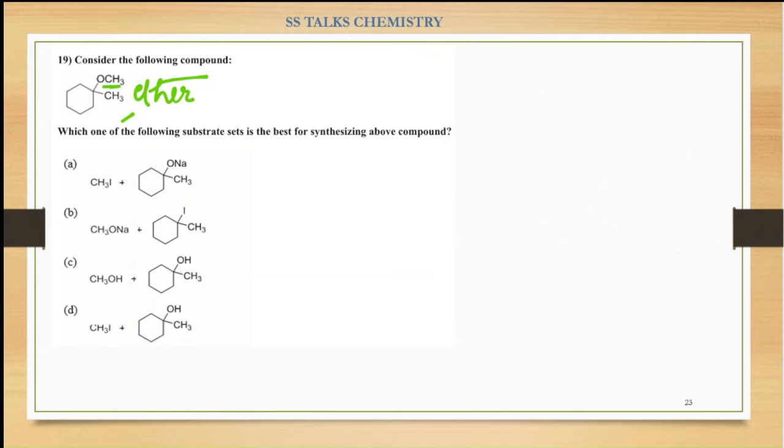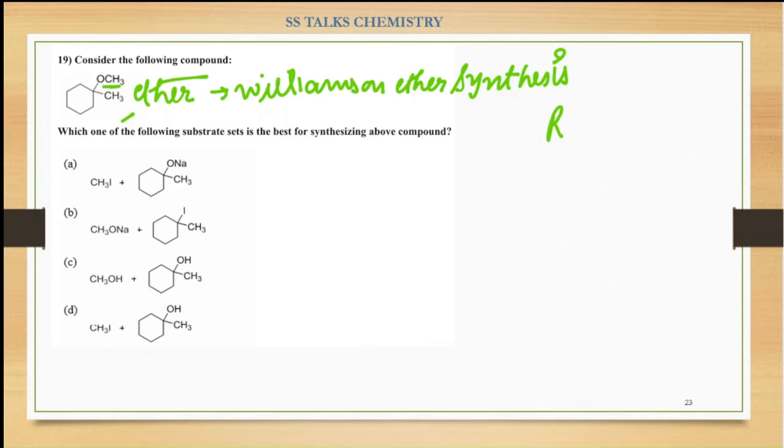For the generation of an ether, generally we follow the Williamson ether synthesis method. In class 12, in the chapter on alcohols, phenols and ethers, this is generally studied. In the Williamson ether synthesis, you have the alkoxide species, RO negative, with Na positive as the counter ion.